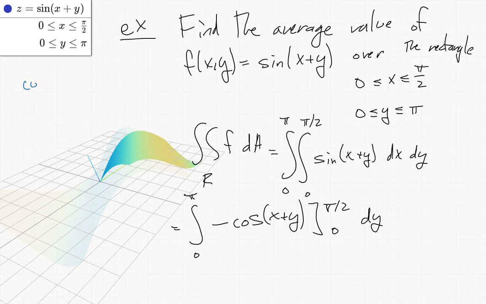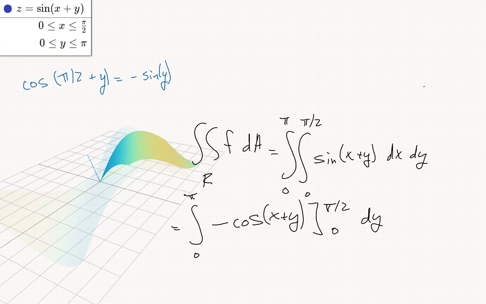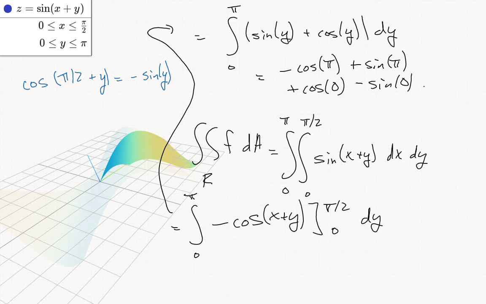So we need some identities. If we use the identity cosine of pi over 2 plus y equals negative sine of y, then this will become the integral from 0 to pi of sine y plus cos y dy, which is negative cosine pi plus sine of pi plus cos of 0 minus sine of 0.